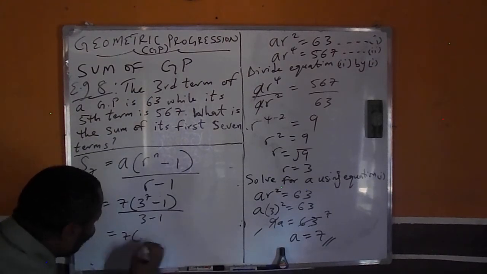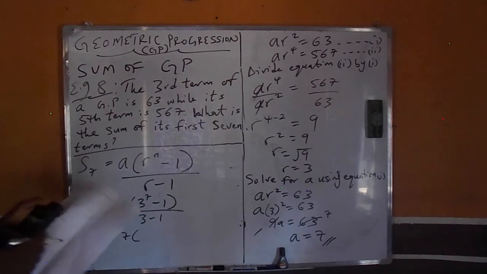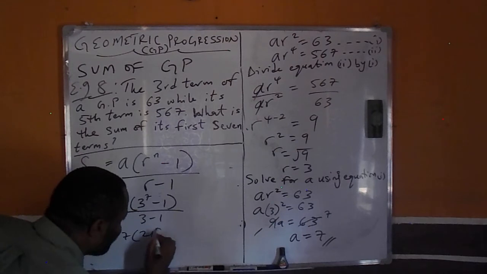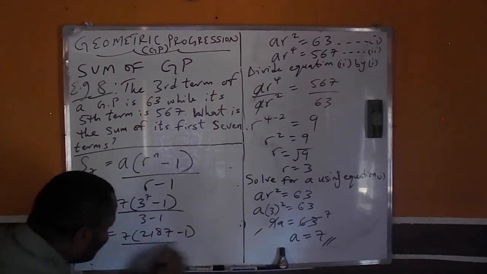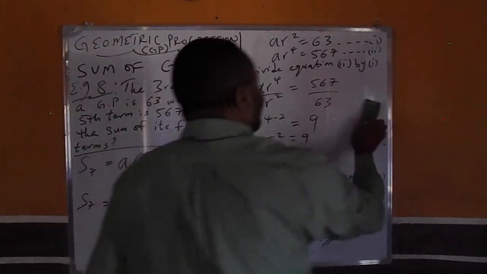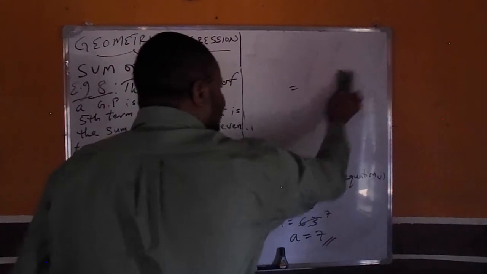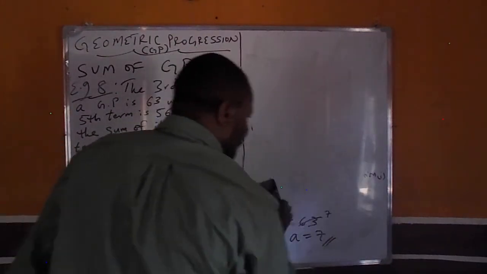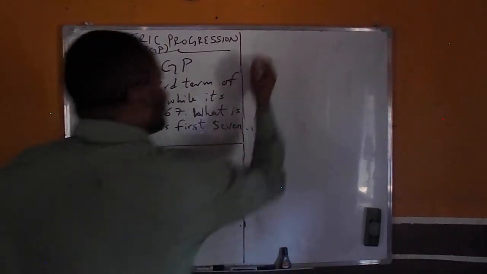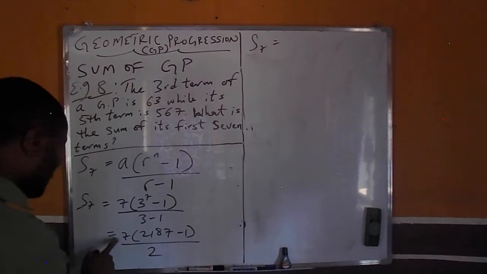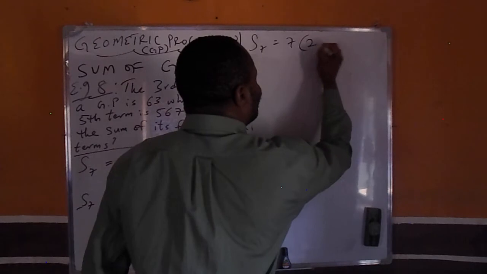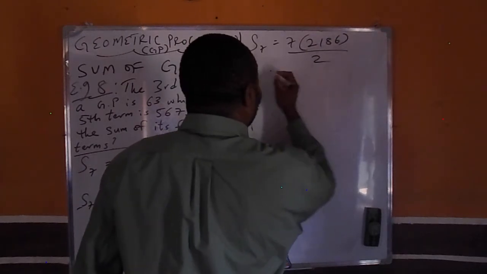So which equals 7 in bracket 3 raised to power 7, 3 raised to power 7 will give us 2187, minus 1, divided by 3 minus 1 is 2. So S7 equals 7 in brackets 2187 minus 1 will give us 2186, divided by 2.